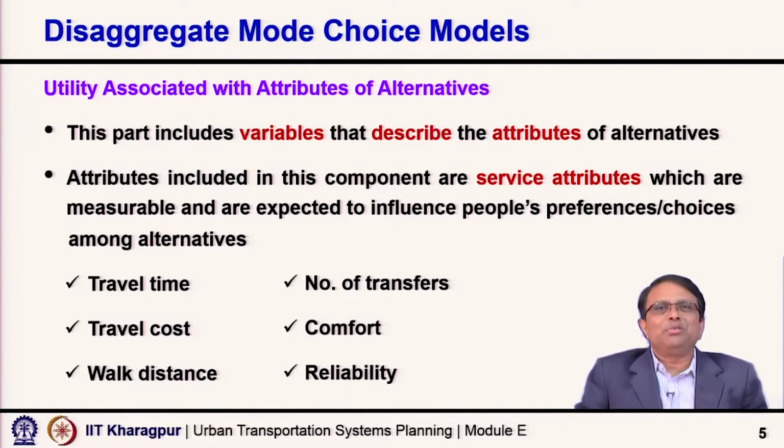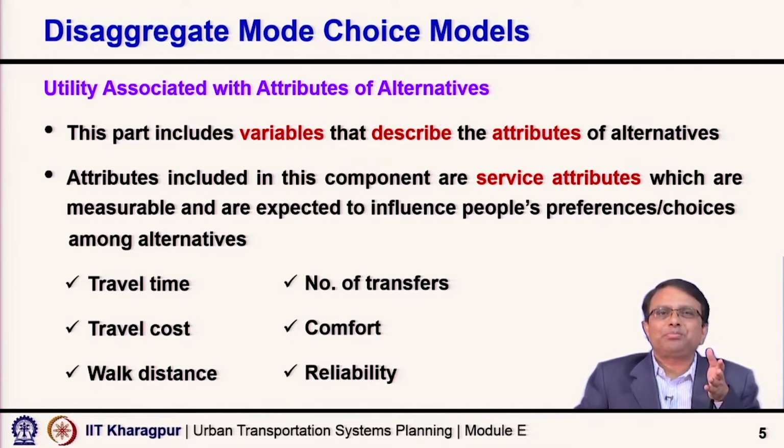Examples are given here: travel time, travel cost, walking distance, number of transfers, what is the comfort, what is the reliability. Interestingly, what you can observe is that it includes both quantitative and qualitative attributes. Now, in the Indian context, gradually we are finding that along with the quantitative attributes, the qualitative attributes are also gaining a lot of importance.